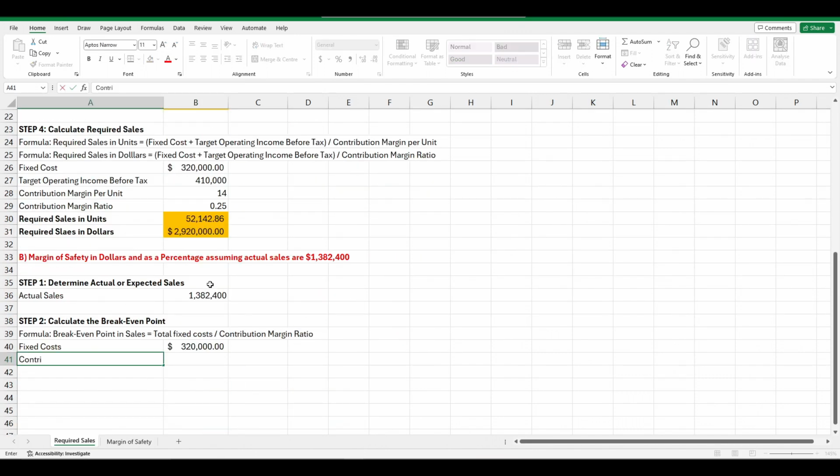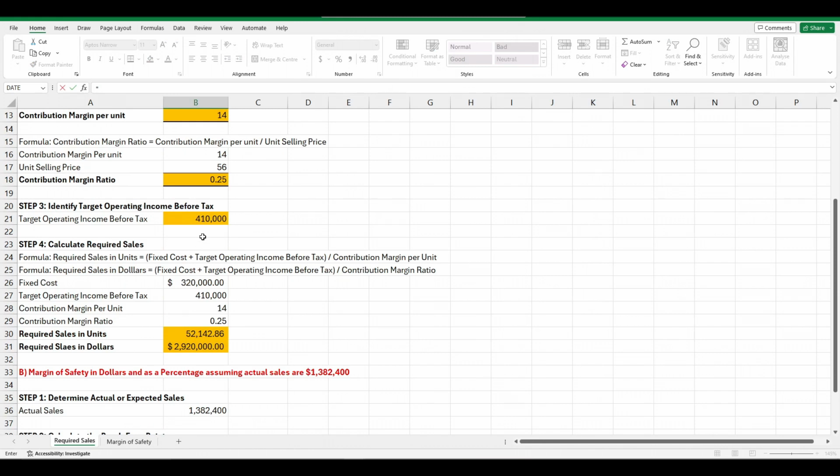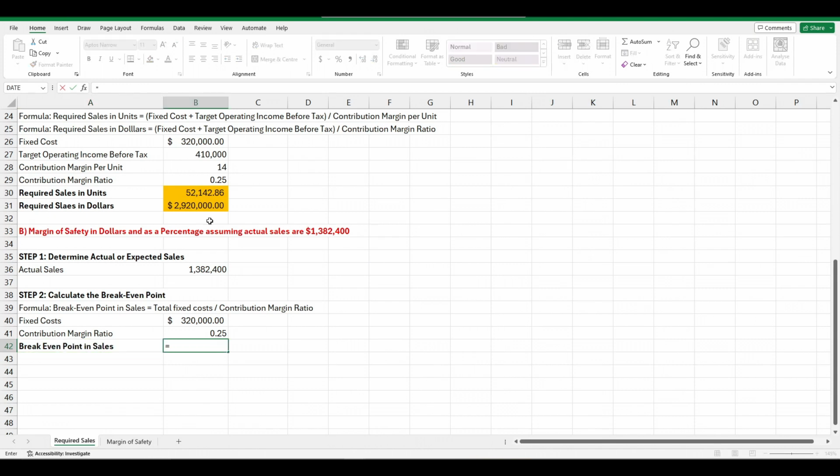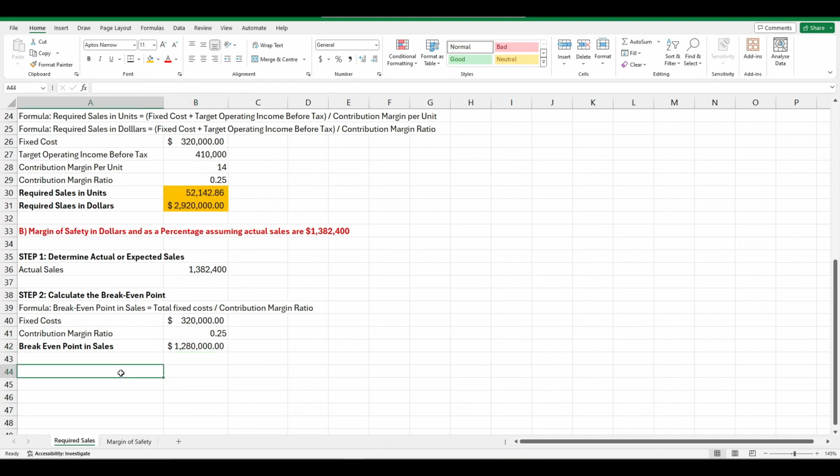And the contribution margin ratio is what we calculated in the previous example, 0.25. So our break-even point in sales, total fixed cost divided by contribution margin ratio, is 1,280,000. This brings us to step 3, to calculate our margin of safety.